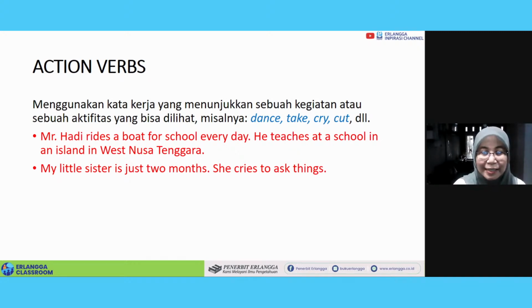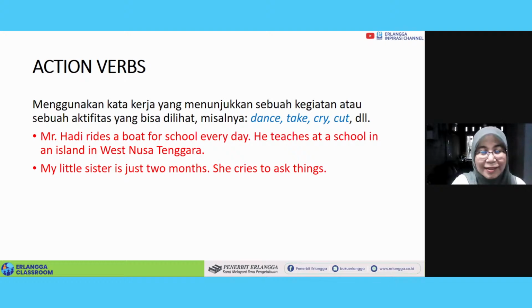He teaches at a school in an island in West Nusa Tenggara. Jadi dia naik boat because he teaches at a school in an island in West Nusa Tenggara. So he must cross the river or the sea to reach the school.